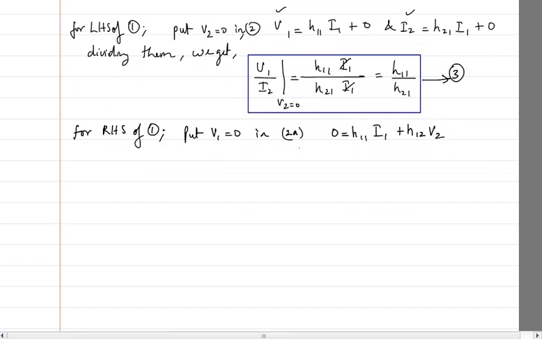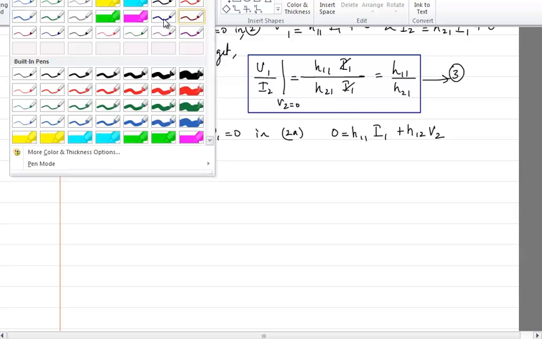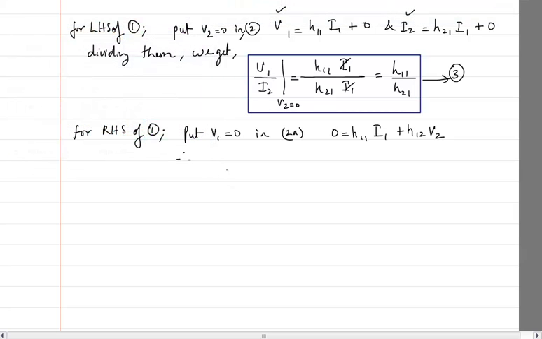Taking one term to the other side, I get minus H11 I1 equal to H12 V2.